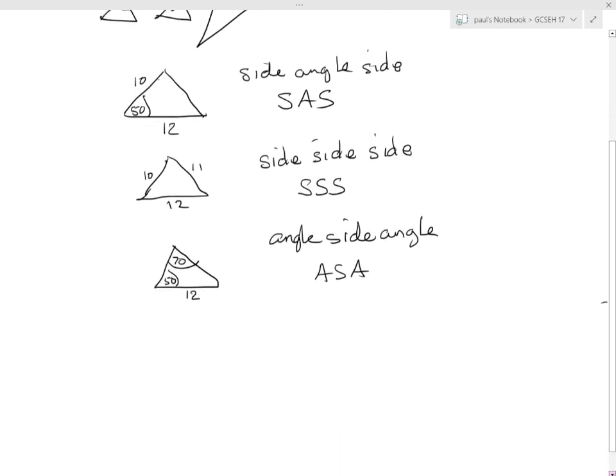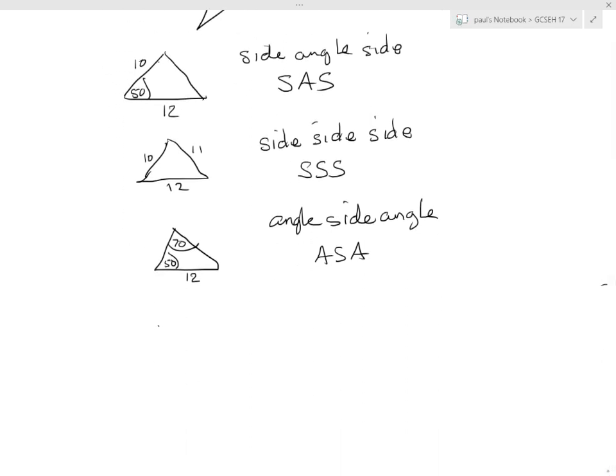There's only about 4 of these to remember. And the last one here is like this, and we've got a right angle in there, we've got the hypotenuse there, and we've got another side. So this is like side, side, angle, like the top one, but this time it's a right angled triangle.